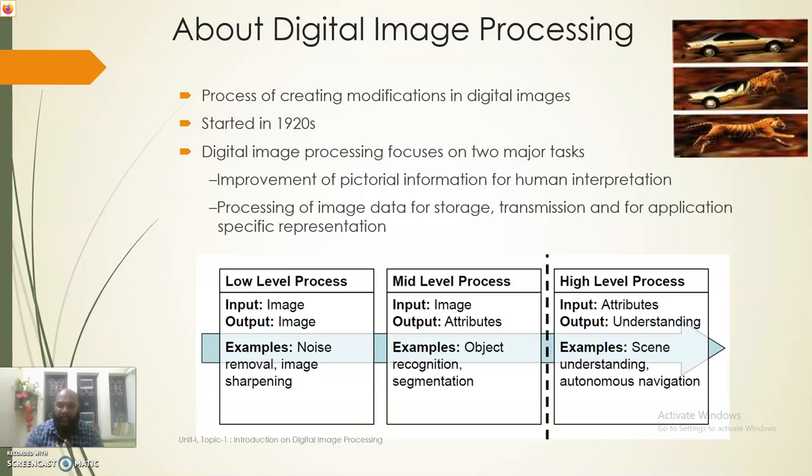Defining this, the process of creating modifications in digital images, we will define as digital image processing. So digital image processing can be defined as the process of creating modifications in digital images.